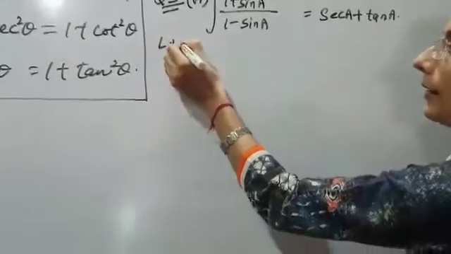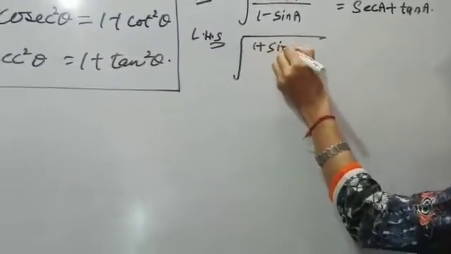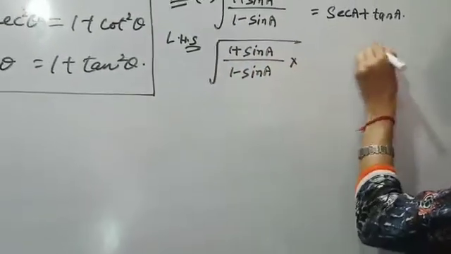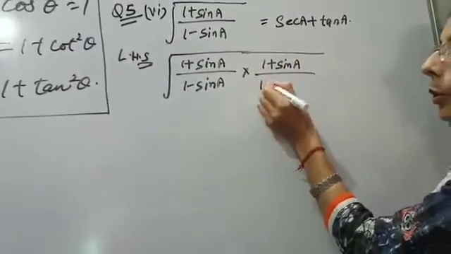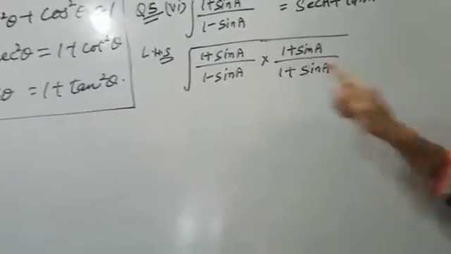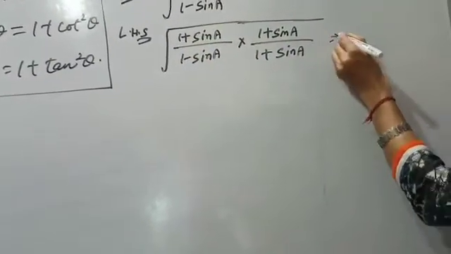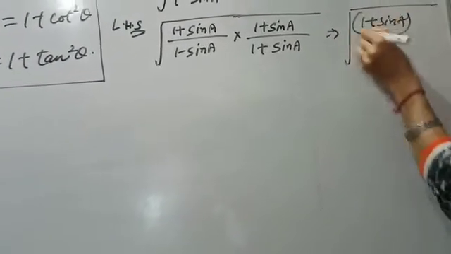Here the left hand side is the square root of 1 plus sin A upon 1 minus sin A. Go with the rationalization, so multiply by 1 plus sin A upon 1 plus sin A. In the numerator, 1 plus sin A and 1 plus sin A make 1 plus sin A whole square.